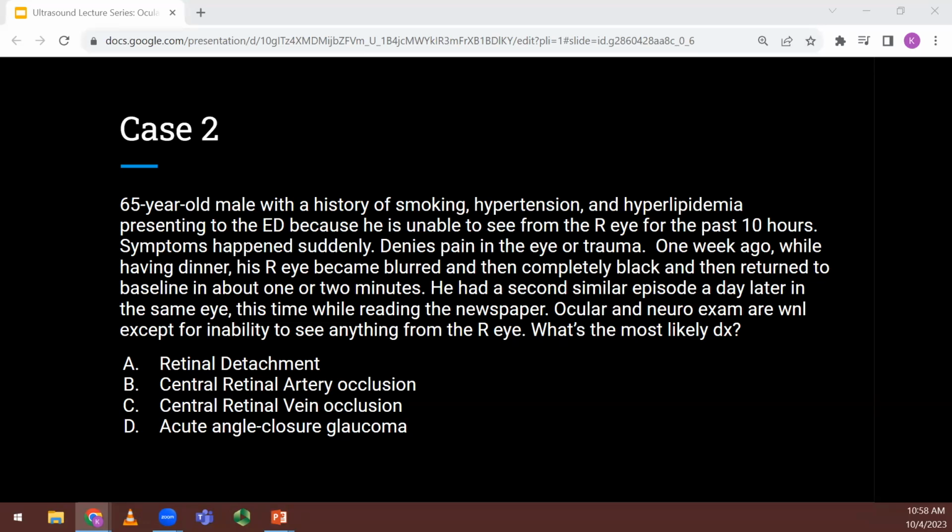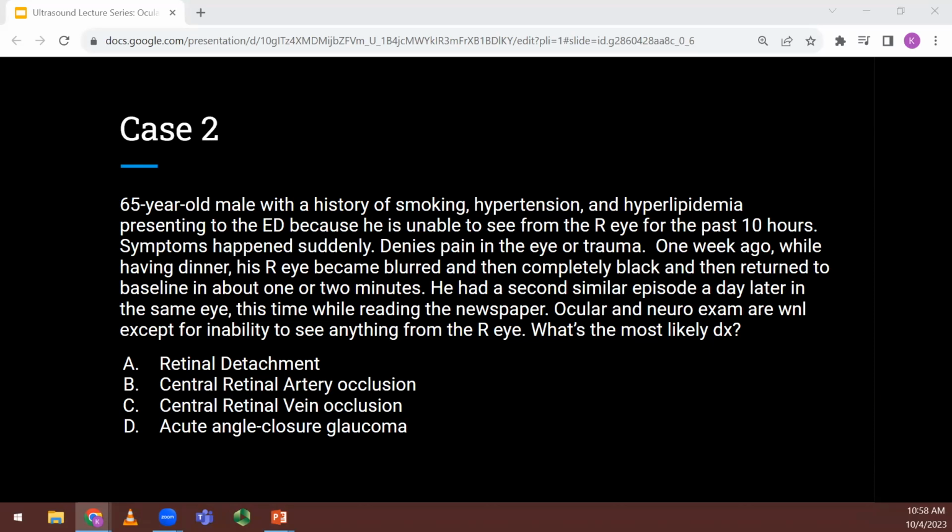Retinal detachment, central retinal arterial occlusion, central retinal vein occlusion, acute angle closure glaucoma. Okay, so I saw maybe some hands for retinal arterial occlusion, retinal vein occlusion, retinal detachment.